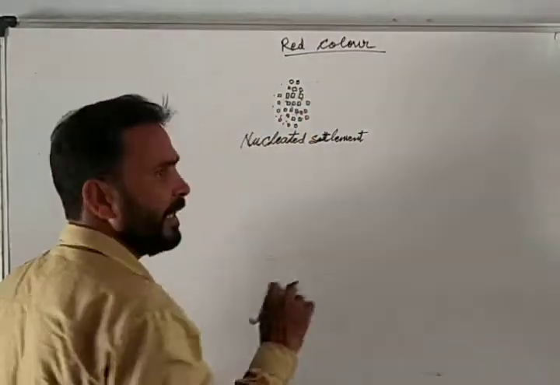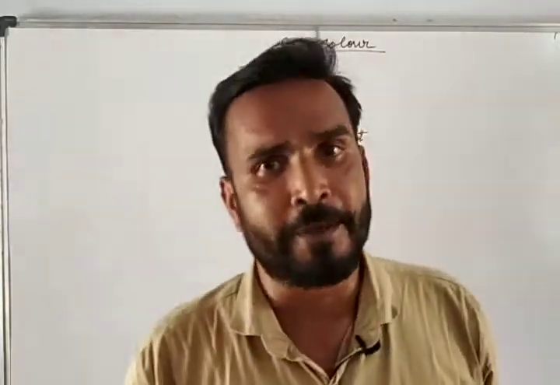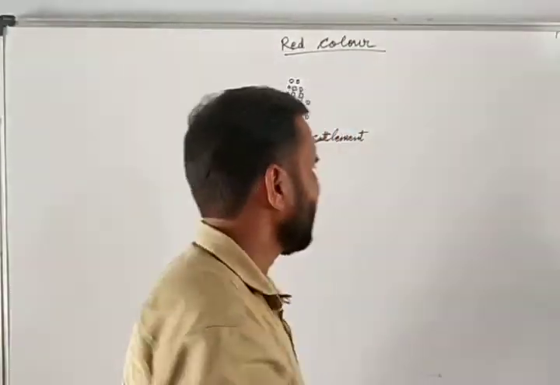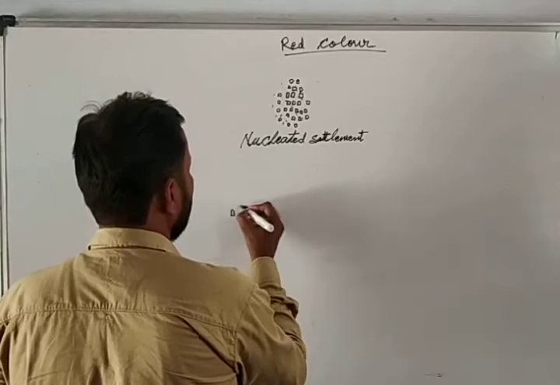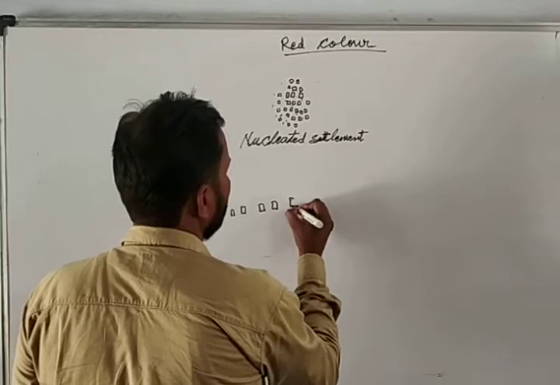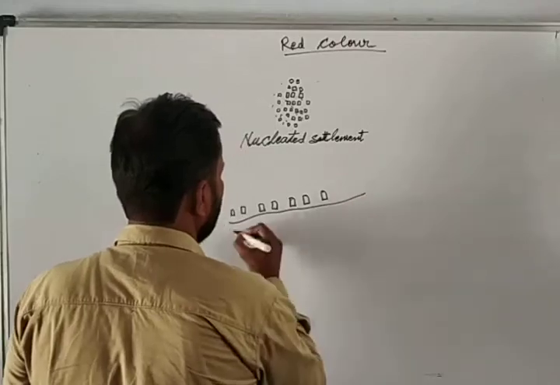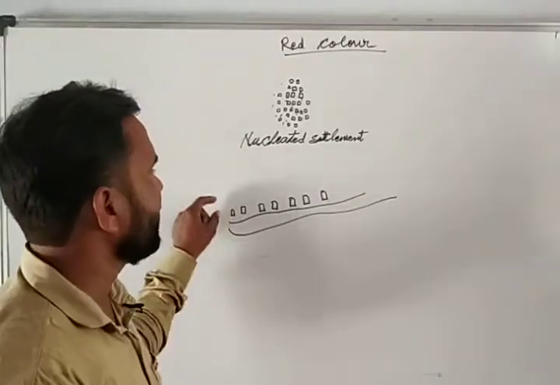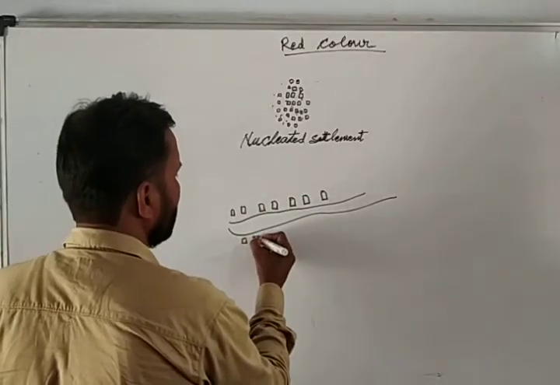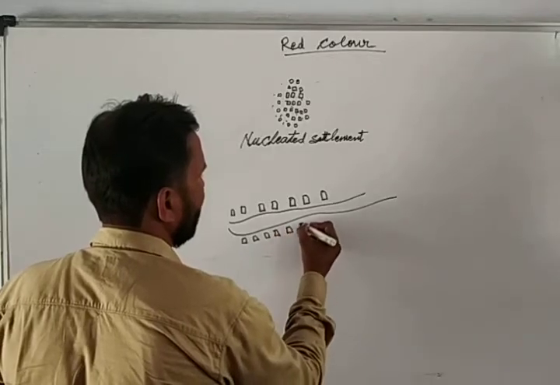Next one is linear. Linear settlement we will generally get on the bank of a river or beside a road. It means if a river is given and the settlements are making a straight line, it can be on one side also, or on 2 sides also. Suppose this river is flowing and houses are given like this, on one bank or on both sides.